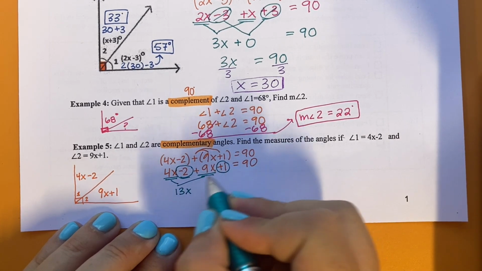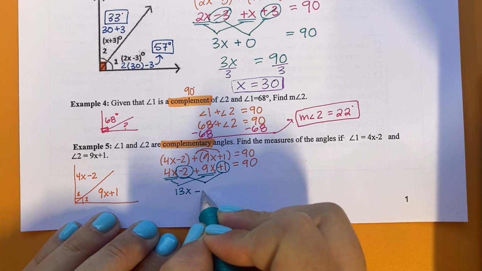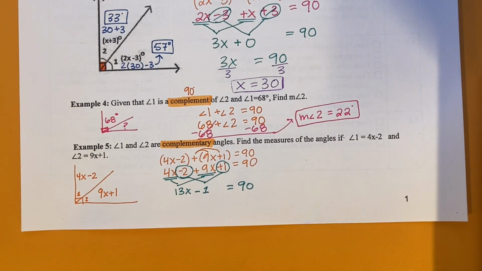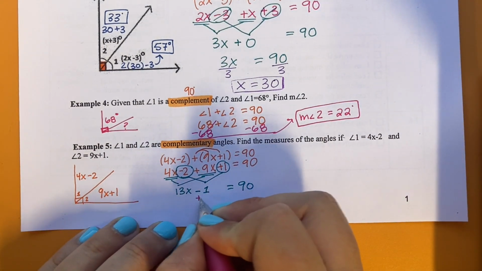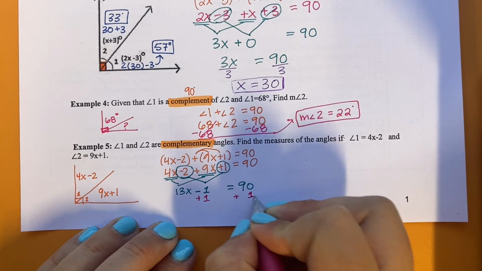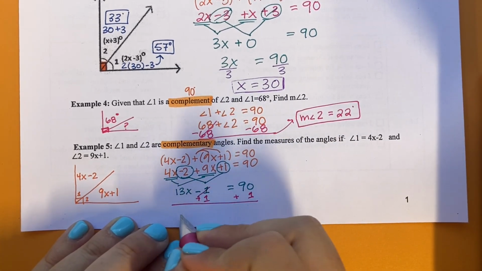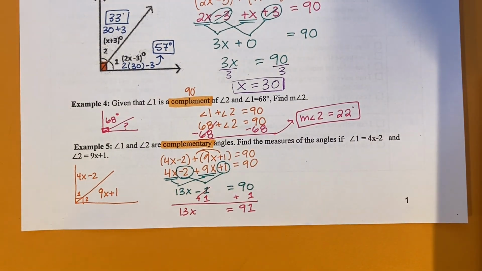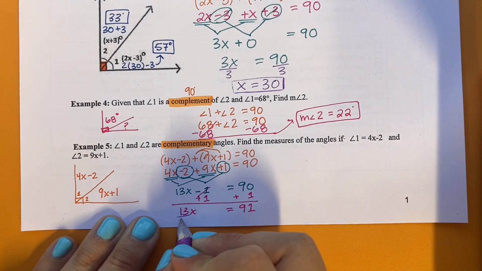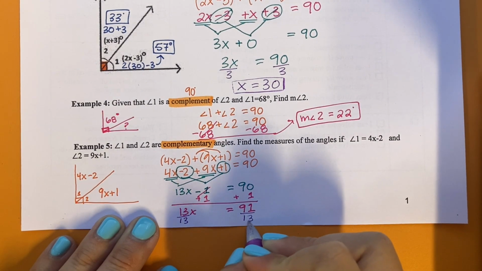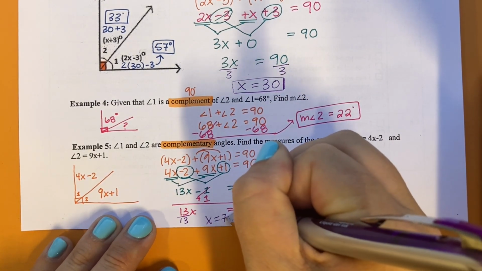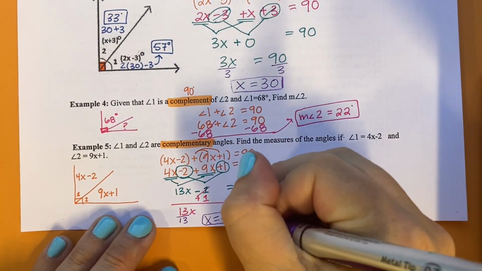Negative 2 plus 1 makes a minus 1 equals 90. Add the 1. 13x equals 91. And then we are going to get that 13 off the x by dividing by 13, which gives us that x is 7.